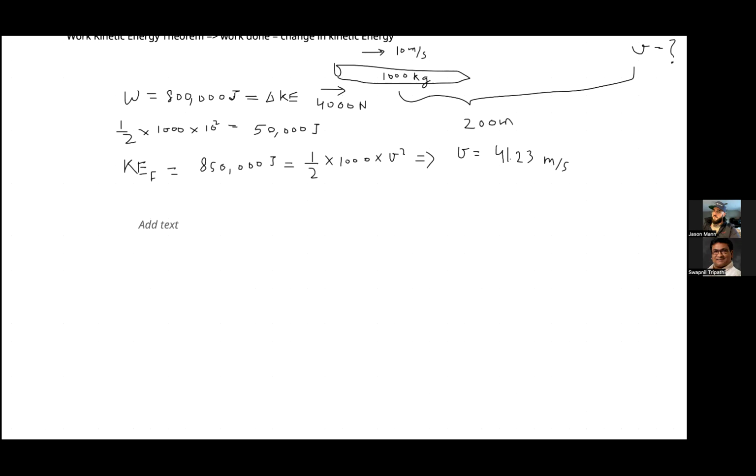So in situations where there is no friction and no new work is being done, then energy is conserved, which means that the total energy remains the same.